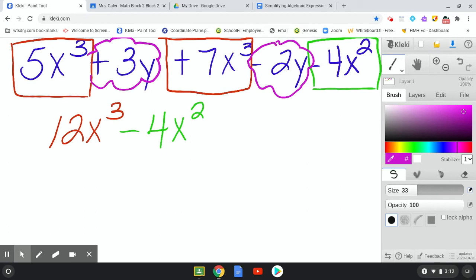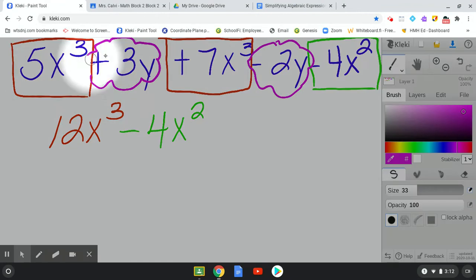I'm going to subtract and take the sign of the bigger number. That is going to be a positive because 3 is larger than 2. And I have a plus sign associated with my 3. So I am going to drop down a plus sign, and then I'm subtracting 3y minus 2y leaves me with 1y.